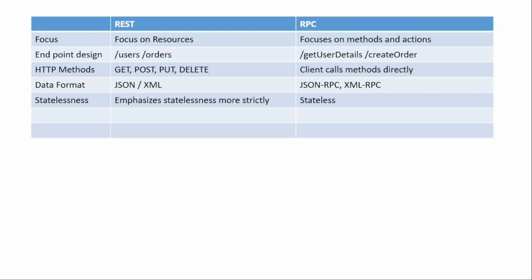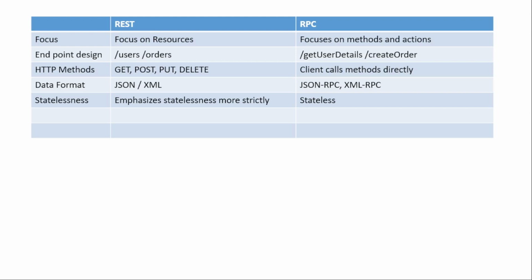Now, choosing between REST and RPC depends on the specific requirements of your application. REST is ideal for resource-oriented services and is widely used for web services and public APIs due to its simplicity and use of standard HTTP methods.